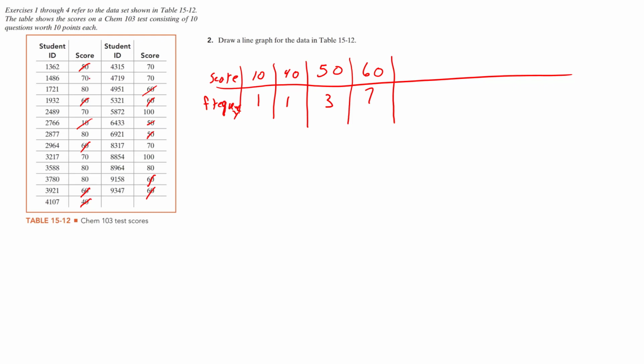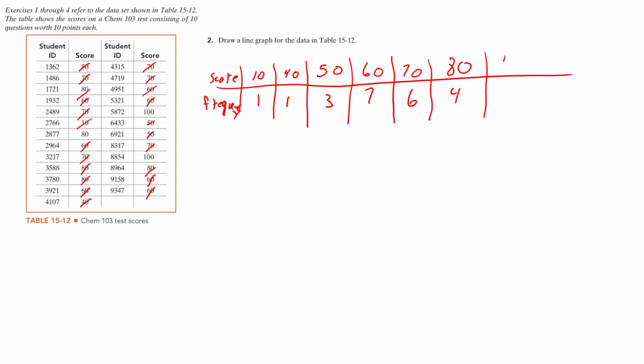And then 70s. 1, 2, 3, 4, 5, 6. Okay. And then 80s. And then we have 1, 2, 3, 4.